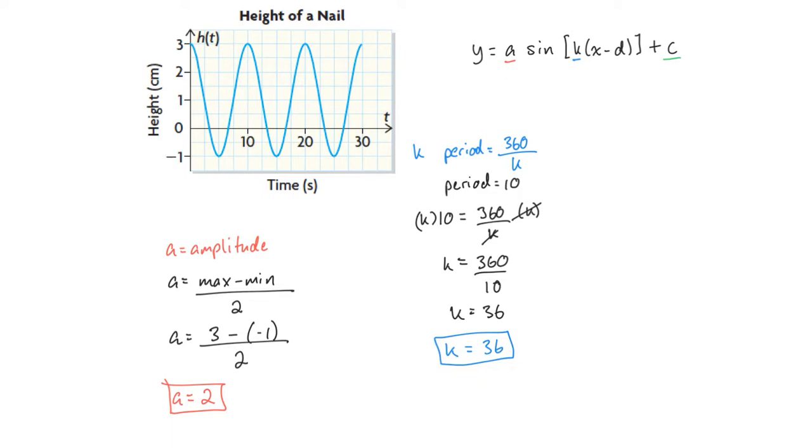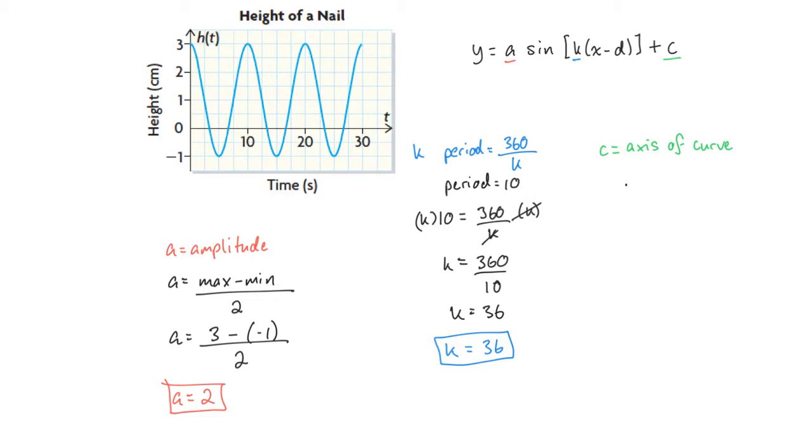Next, we're going to find the value of c. So c is our vertical shift. This moves our function up or down c units. And c is actually also our axis of the curve. Now you can just look at the graph and identify the axis of the curve, but we do have a formula.